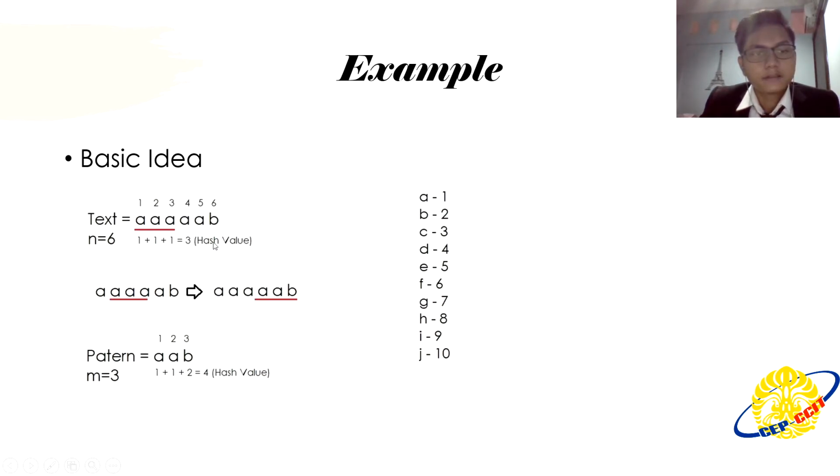So the example is AAB, and it has 3 numbers. And then this is how it works.